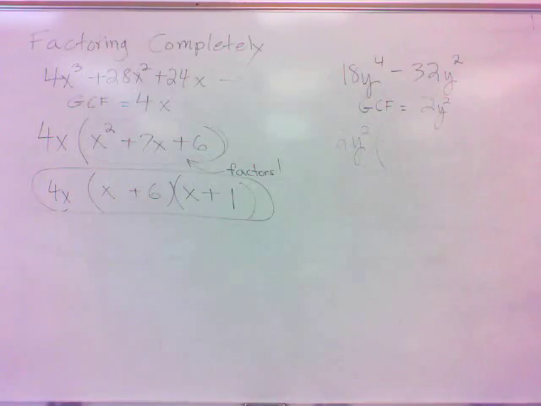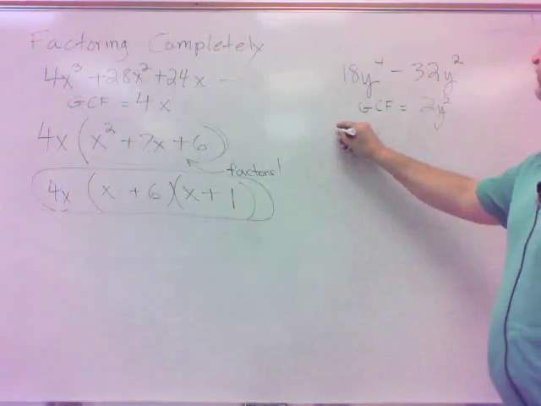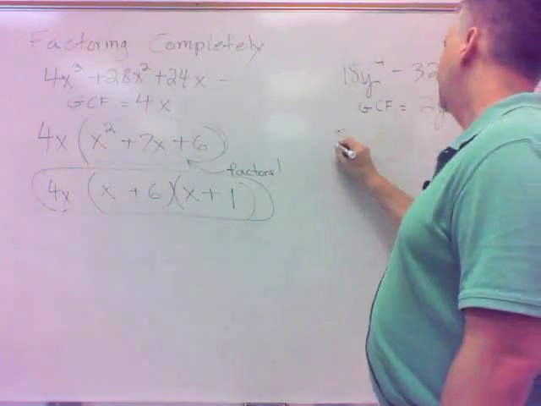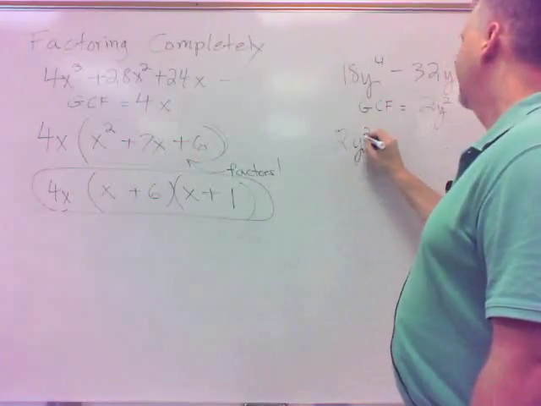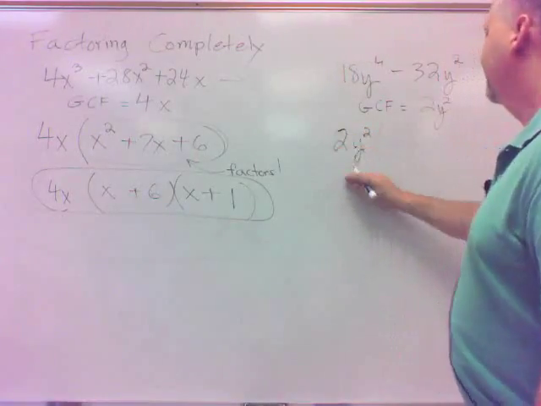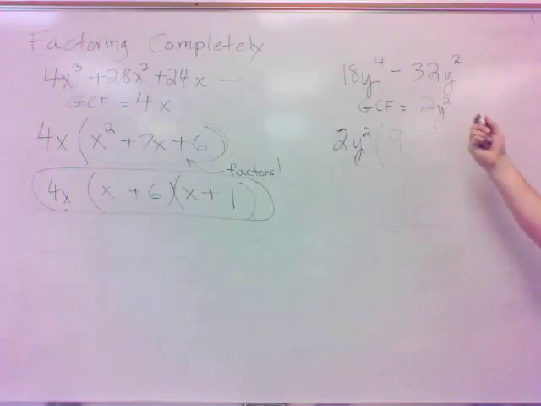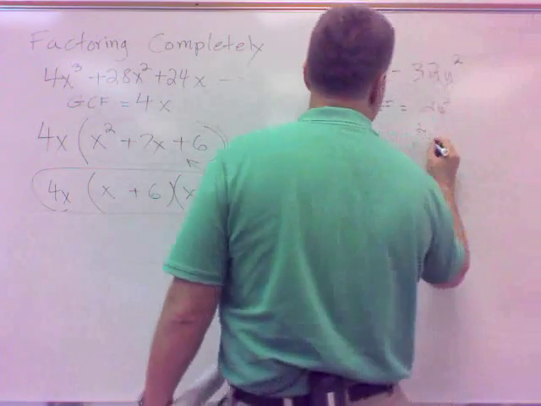So if I take my 2y squared out, what does that leave me? 9y squared minus 16.